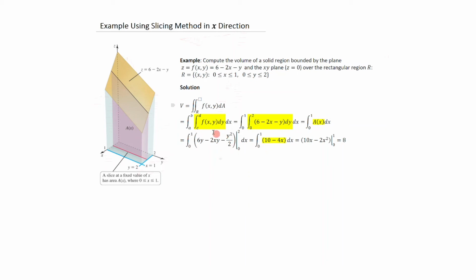All right, so we just make the substitution, do the first integral. So if you integrate here with respect to y, this will be 6y, this will be the 2xy term, and this will be y squared over 2. So that's what you see here. And then evaluate between upper and lower limit, and you end up with this, and this represents A of x. So you can clearly see at x equals 0, the area is larger. As x moves towards 1, the area gets smaller. That's in agreement with the picture that you see here.